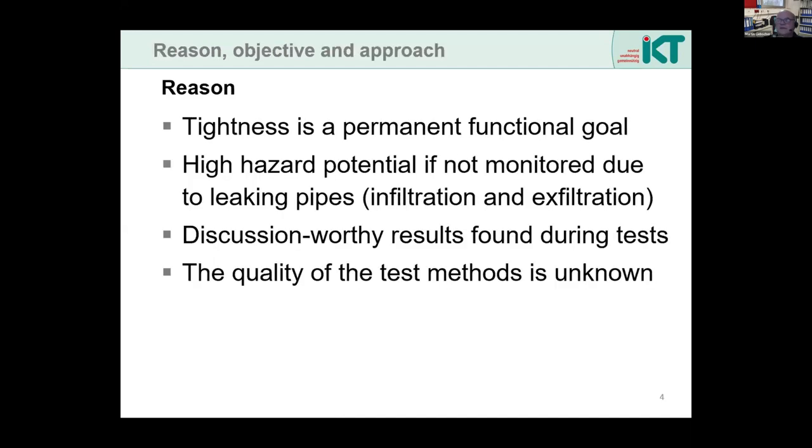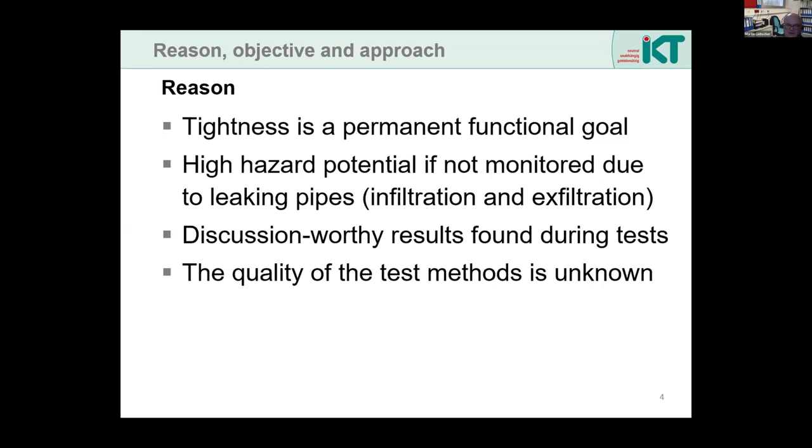Yes, so let's start. First of all, I want to say some words about the reasons why we do this project. In addition to the functionality, the stability, and the operational safety, tightness is one of the most important functions of a sewer system. There is a high hazard potential when pipes are leaking. Exfiltration is not good for the environment, and infiltration influences groundwater levels and the performance of a wastewater treatment plant.